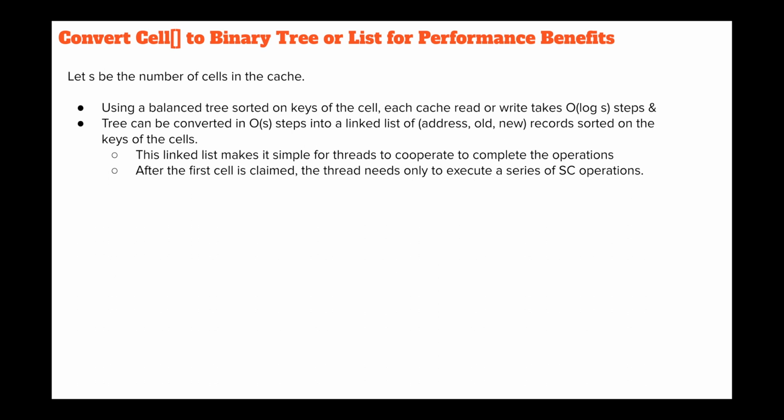So essentially it helps in faster searching and retrieval of the cell, and converting to a linked list based on the sorted order of the keys helps you claim the cells in the incremental order of their keys. That will also be seen in the code in the subsequent slides.